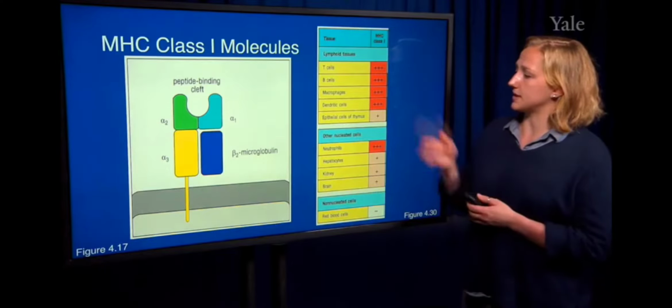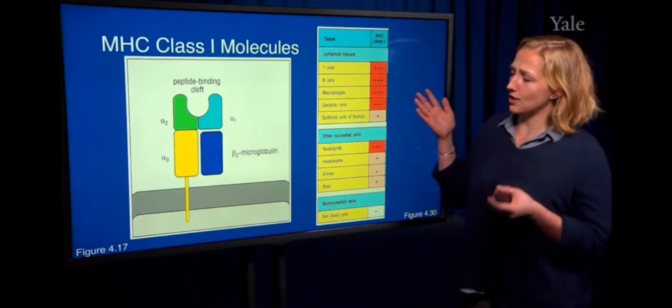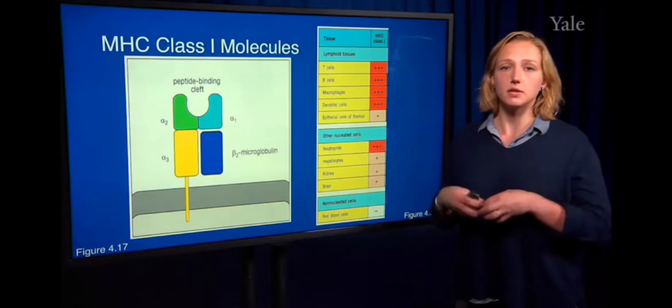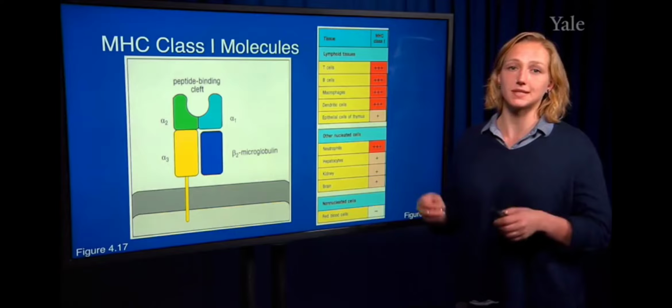As you can see here, they're expressed in pretty much every single cell except for non-nucleated red blood cells. Now, this is highly important because MHC class 1 molecules will present antigens that have been found from within the cell. So these molecules present peptides that are found from the cytosol of the cell.